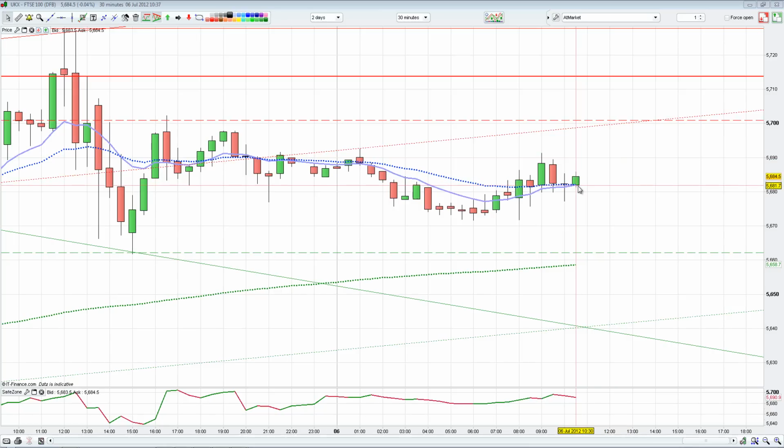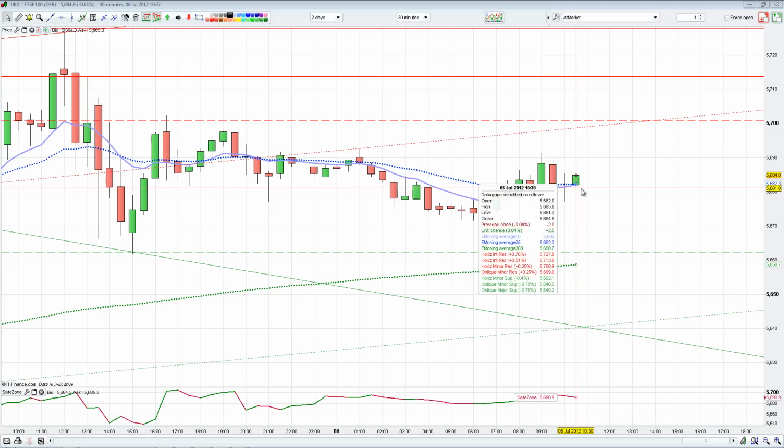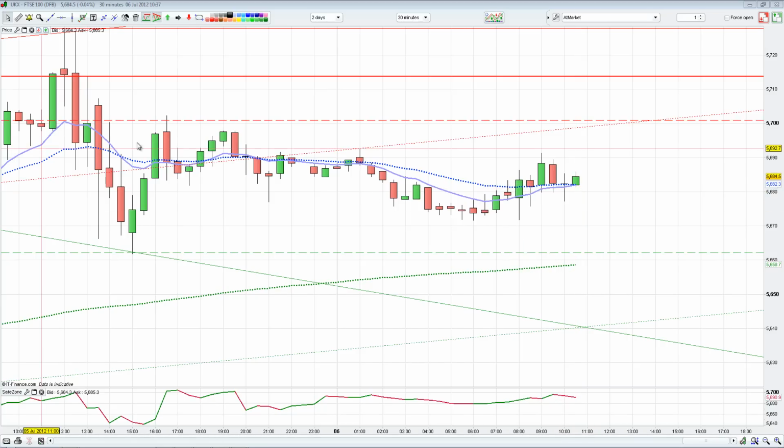Now you want to wait until the EMAs have actually crossed and that cross is confirmed. So for example, if you just look back in some of these other time periods, this is all out of hours, so it's not particularly clear.